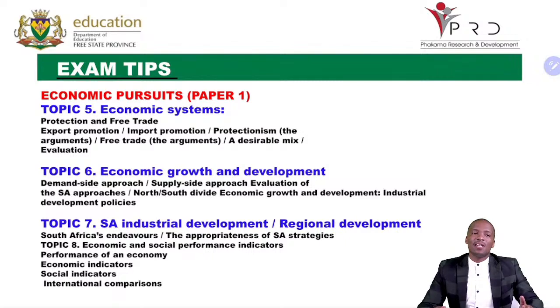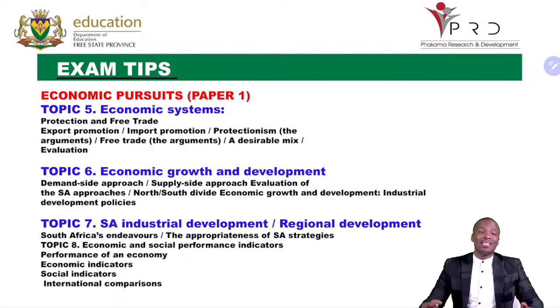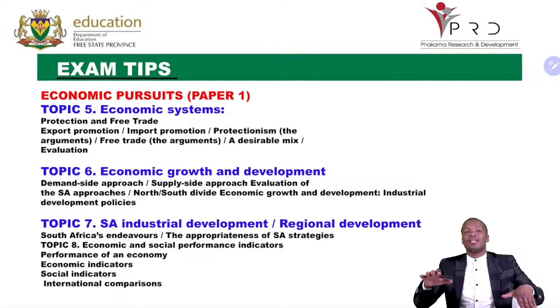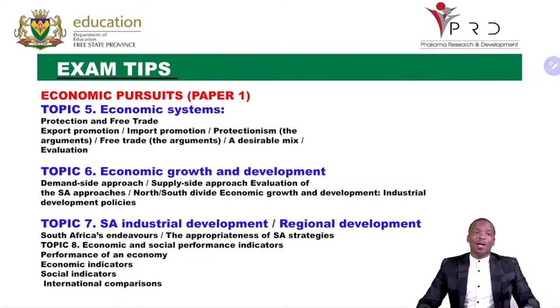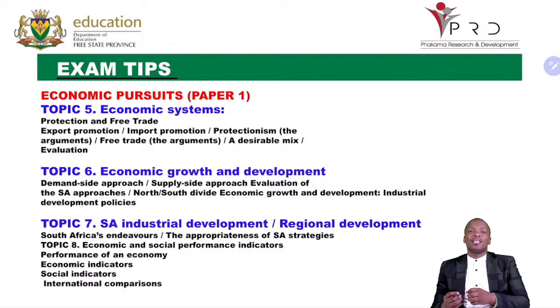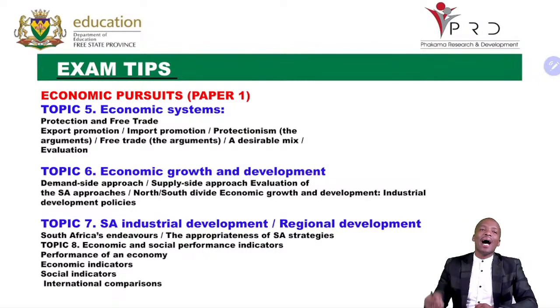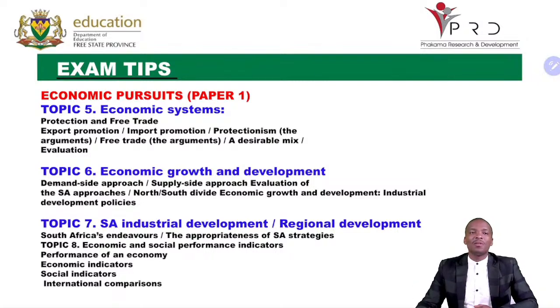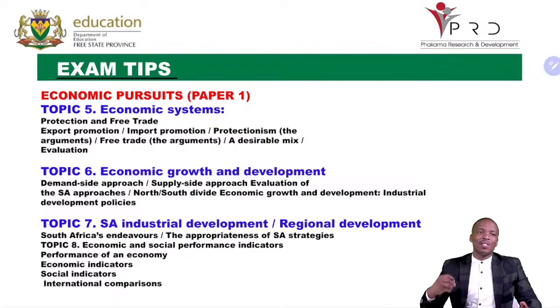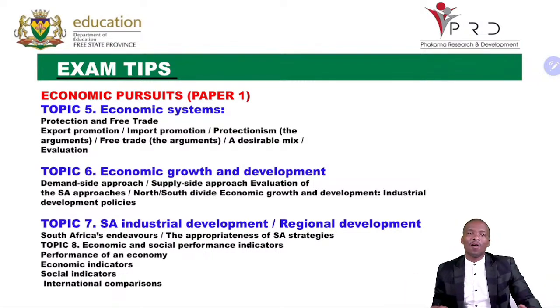But with regional development, we understand that the level of development between regions has an imbalance. So these are the policies that are aimed at developing or bringing economic livelihood in areas that are underdeveloped. It means areas that do not have industries, areas that do not have infrastructure, where people end up moving from those areas, going to cities and towns to look for better opportunities. That is regional development.